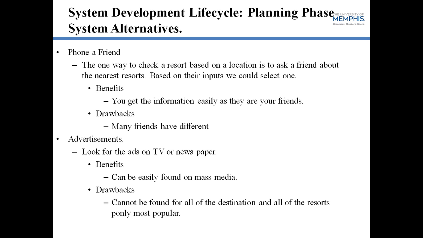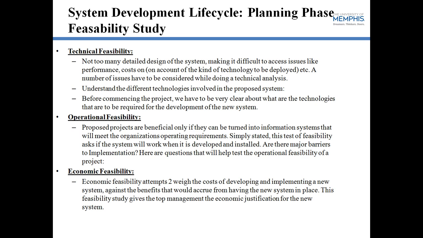Even the mass media will work on the popularity of particular resorts. So we are dropping this too. To overcome all these drawbacks, we have proposed our system, which is much more stable than these two, will clearly overcome the drawbacks, and make sure that it gives maximum benefits.